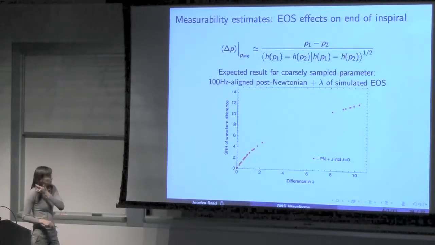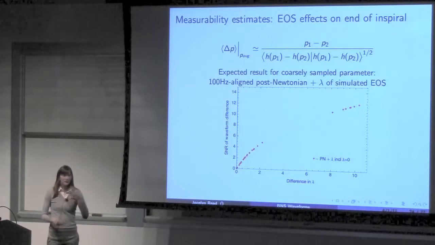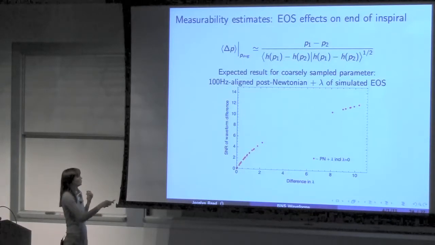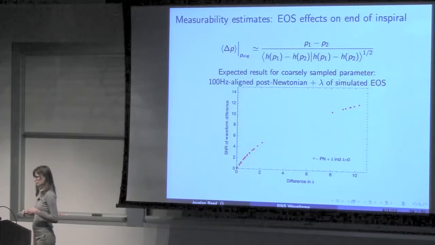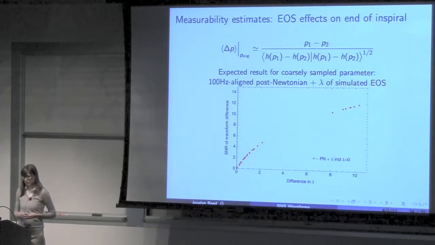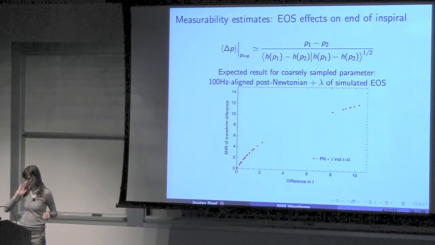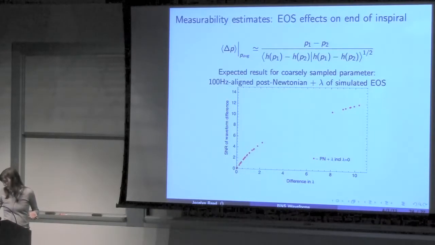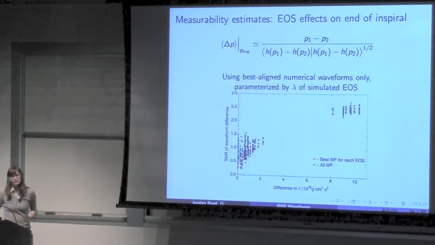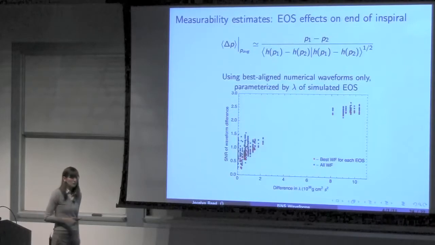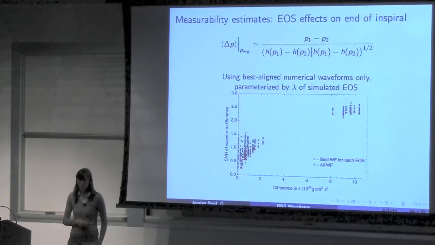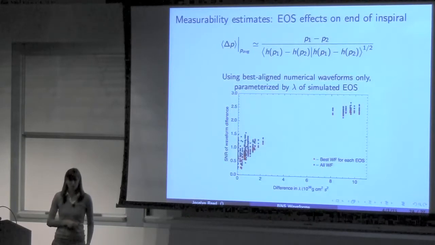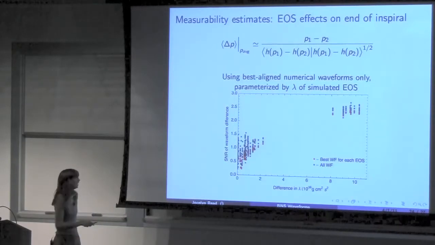So this is what we would see if, and I'm generating this using the post-Newtonian waveform plus the leading order tidal contribution over the lambda of simulated equations of state. So what you see then, if you do this with the numerical waveforms, is that the shape is similar enough that lambda seems to be a pretty good parameter to describe this result.